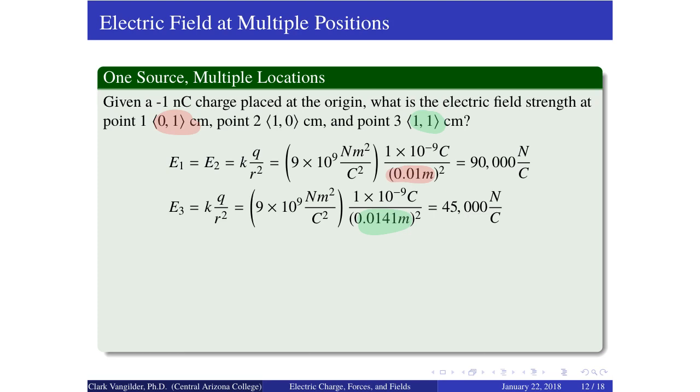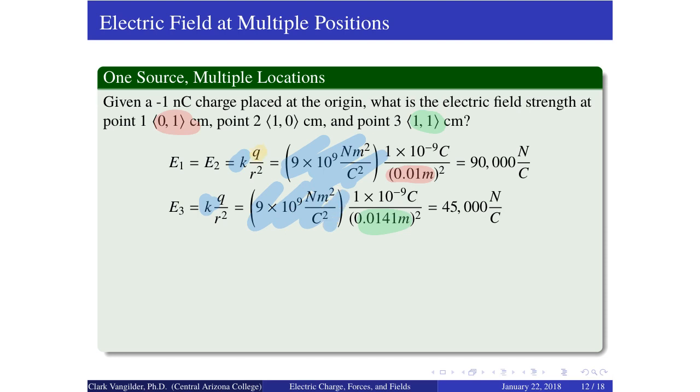I'm skipping some of the basic Pythagorean math here, steps I've skipped just for efficiency. Otherwise, all this other stuff, K, isn't going to change. It's just a constant.